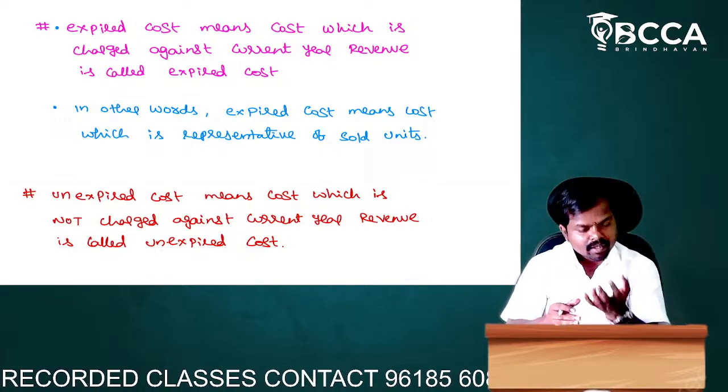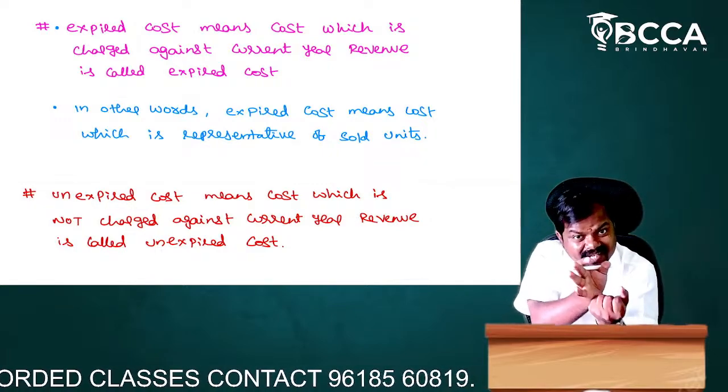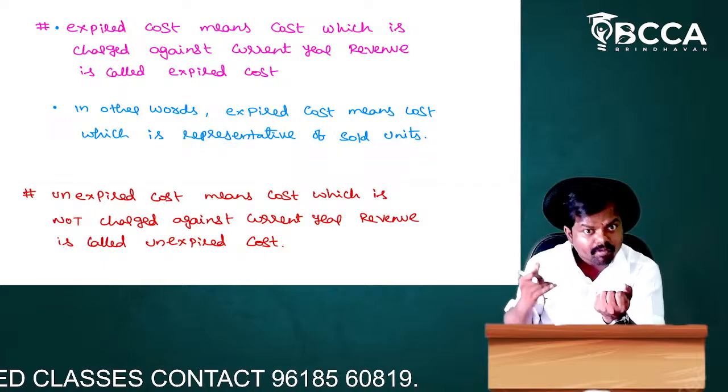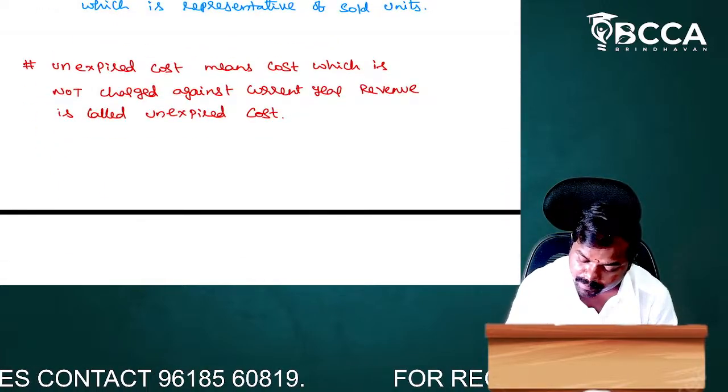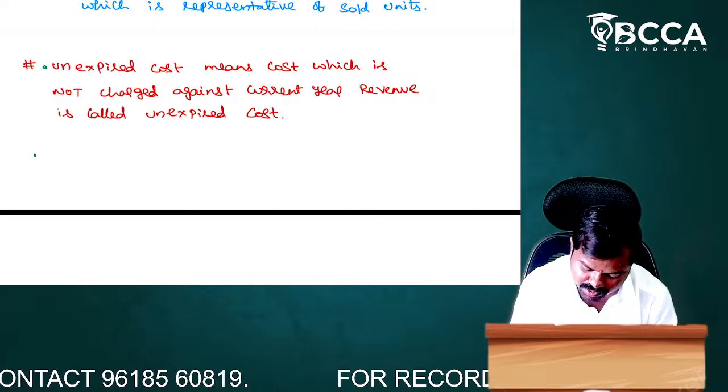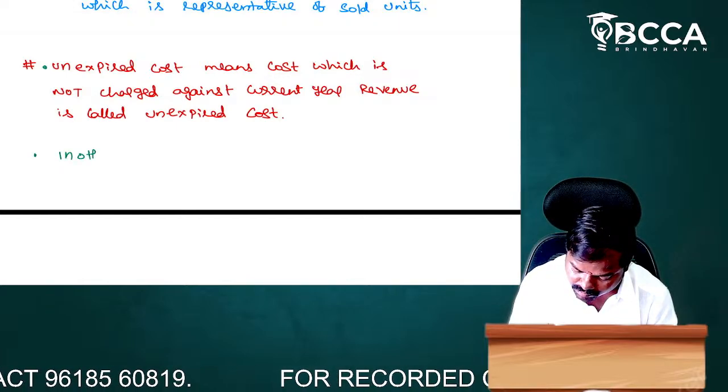Very simple. Expired cost means cost which is representative cost for sold units. Is it clear? Excellent.